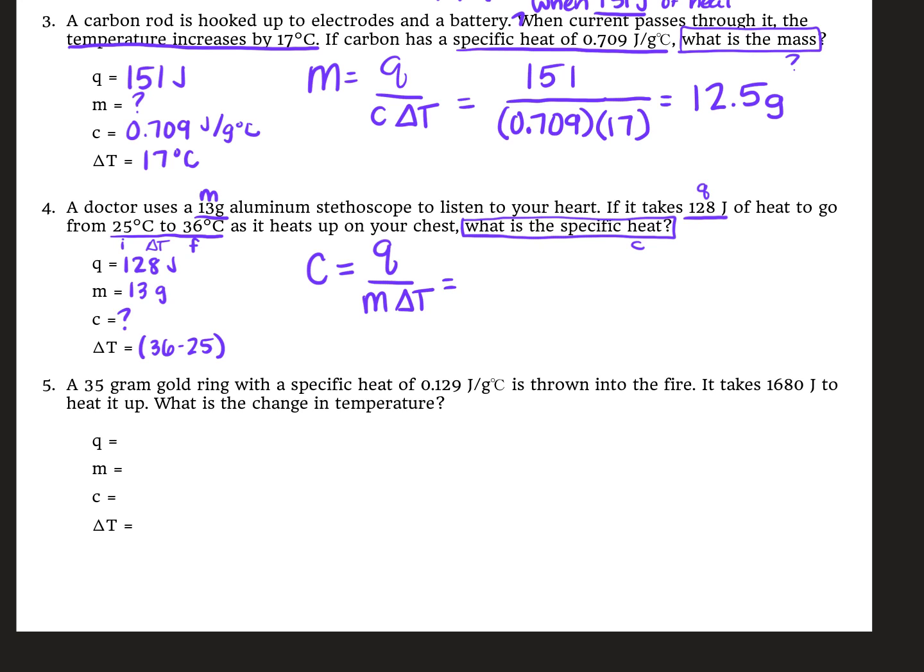So let's plug it in. 128 on the top. The mass was 13, and delta T was 36 minus 25. Please pause the video and use the Desmos calculator to find the answer.